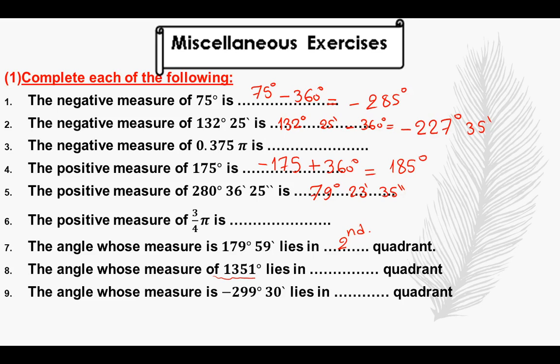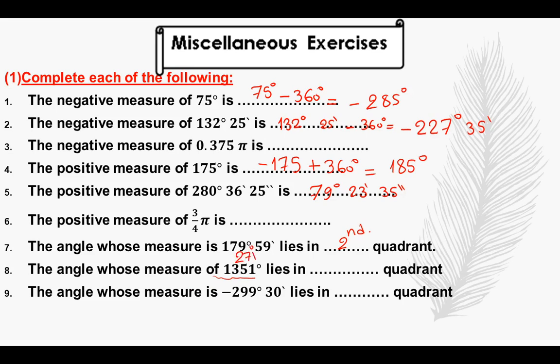This is also bigger than 360, so we will subtract again, minus 360, which equals 631. It's also bigger than 360, so we will subtract again 360. It will be 271. So we can say that the angle 1351 is equivalent to an angle of measure 271 degrees.